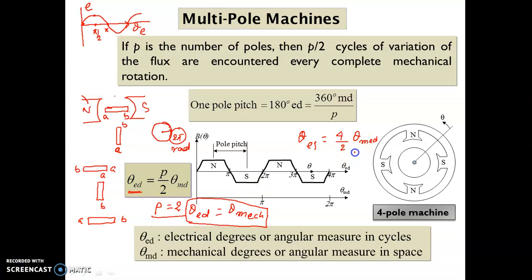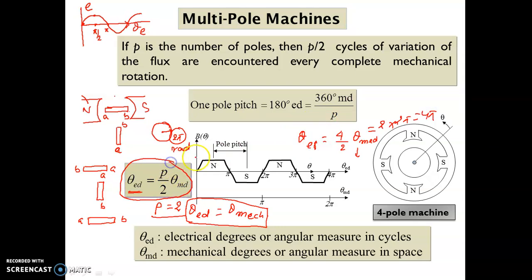If you rotate one mechanical angle, meaning 2 pi, then electrically it will rotate 4 pi. Suppose one rotation is given by mechanical 2 pi, then it will be 4 pi. So this electrical angle and mechanical angle relation is a very important relation, you should keep it in your mind.